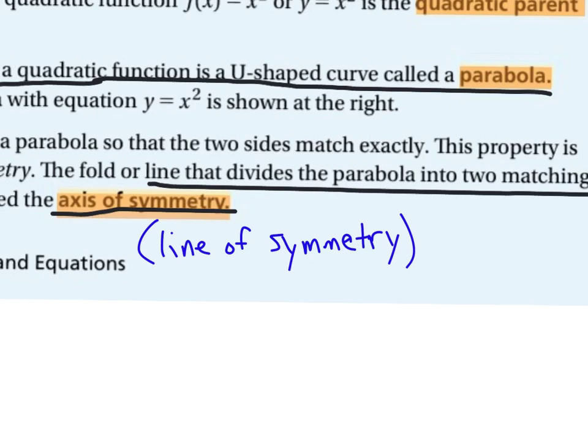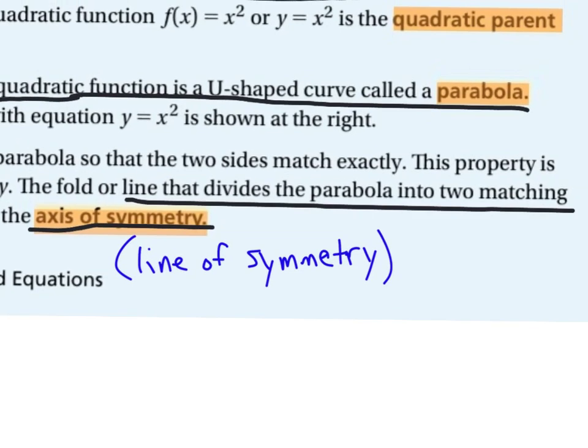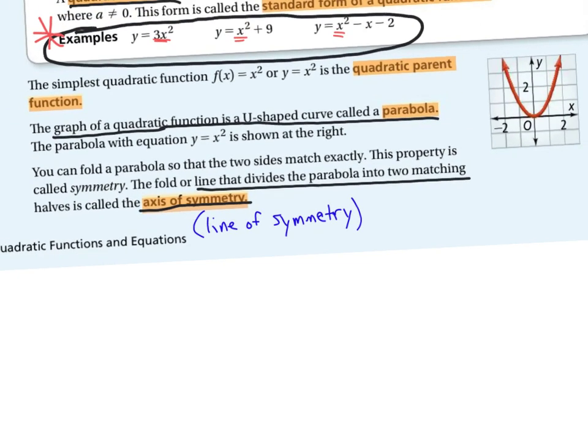It divides the graph into two matching halves. If you were to fold on that axis of symmetry, the two parts would match up with each other.